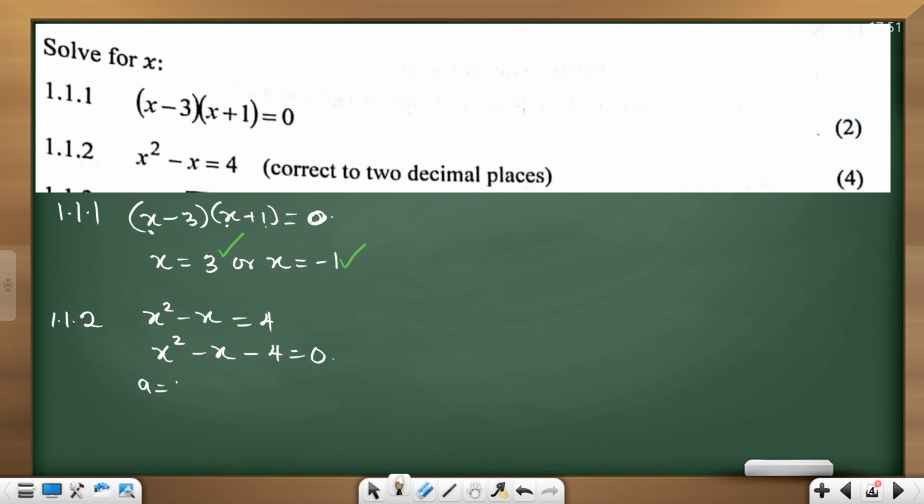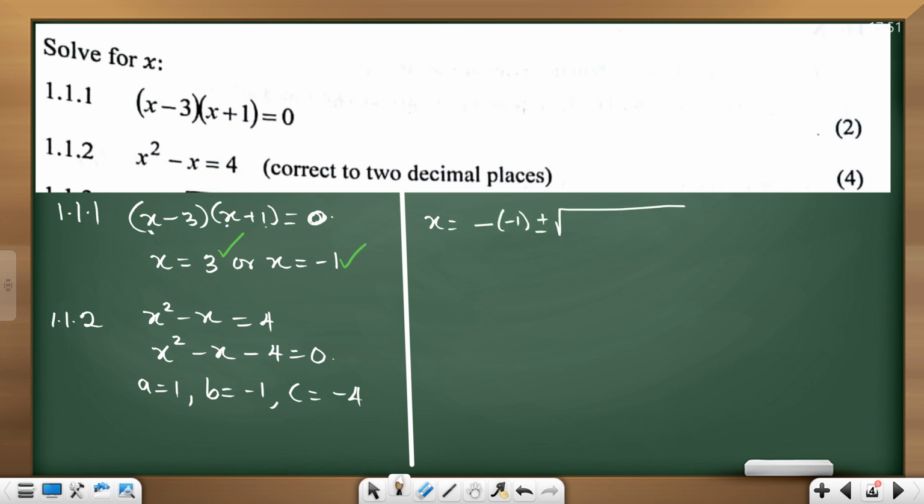Then your a is positive 1, your b is negative 1, and your c is negative 4. So what do you have? x equals minus b, plus or minus the square root of b squared minus 4ac, with c being negative 4, over 2 times 1.